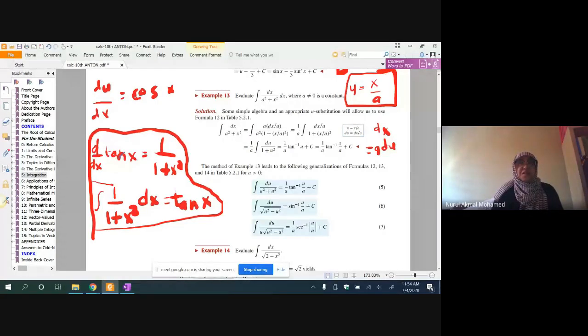The derivative d/dx of arctangent of x is 1 over 1 plus x squared, and the integration of 1 divided by 1 plus x squared is equal to arctangent. It is not tangent, sorry. So that's why the answer is arctangent of u. And then you change back in terms of x, and then you get this one.